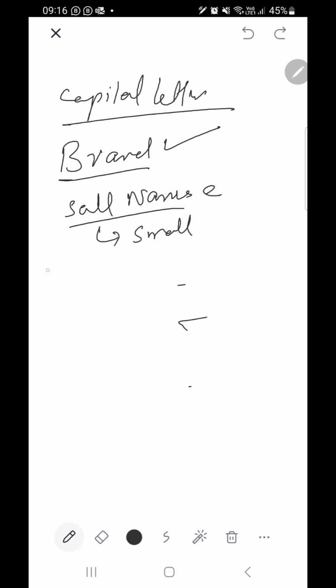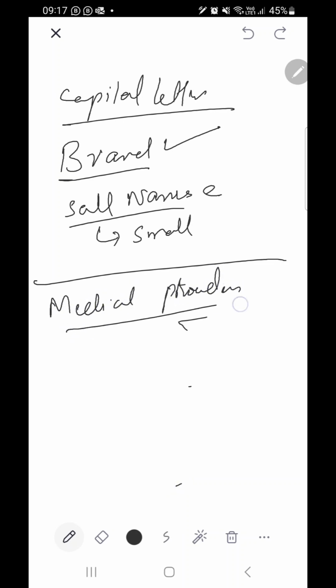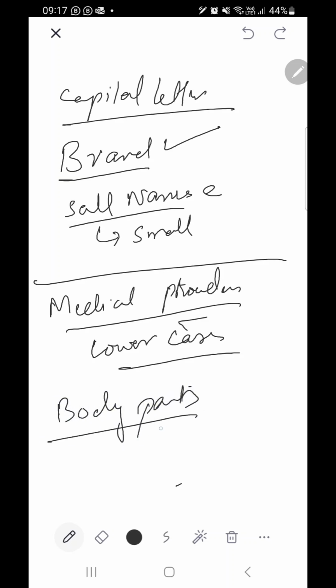First letter I'm talking about. Name of disease we already discussed, right? The medical procedures: if it's not a proper noun, we use lowercase, small letter. X-ray, C-section. Okay. Body parts, we use small letter.